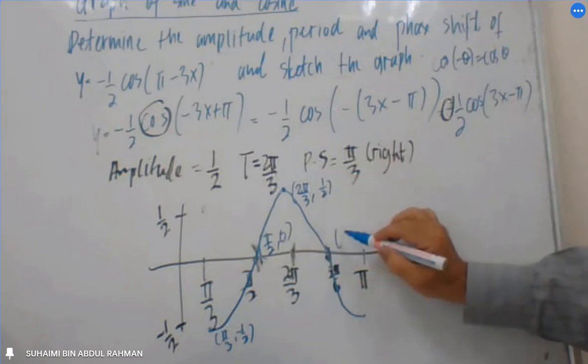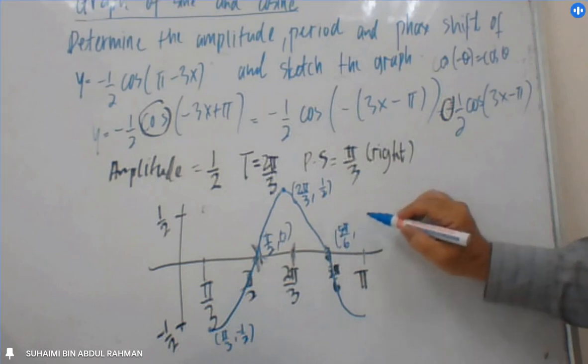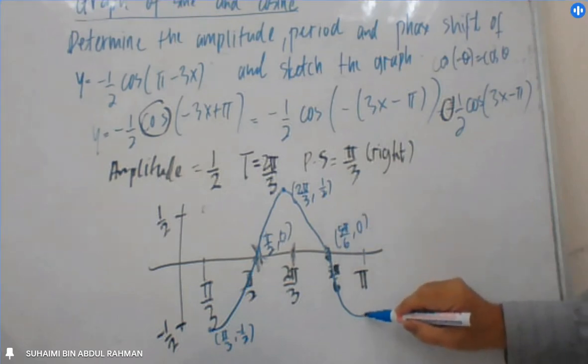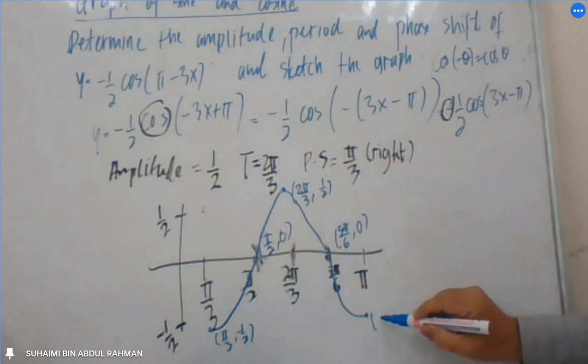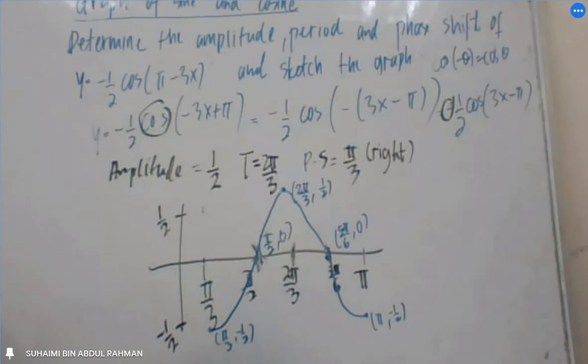Points here, 5 pi over 6, 0. The points here, pi, negative 1 over 2. Any question?